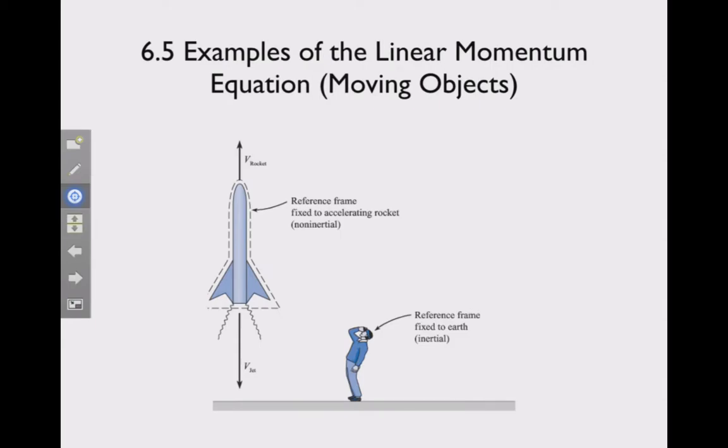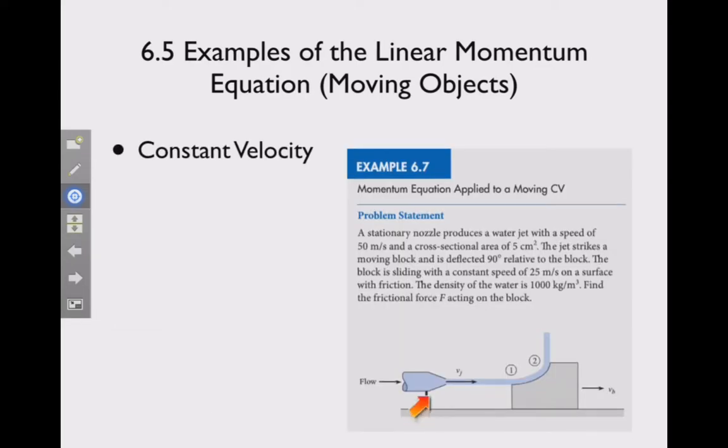This slide shows the difference between these inertial and non-inertial reference frames. When you're in a reference frame that's fixed with respect to the Earth, that's going to be inertial. This is a case where the nozzle is fixed with respect to Earth, and this block is moving at a constant velocity, not accelerating.